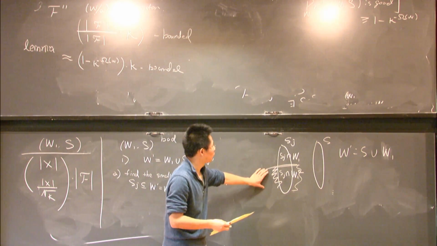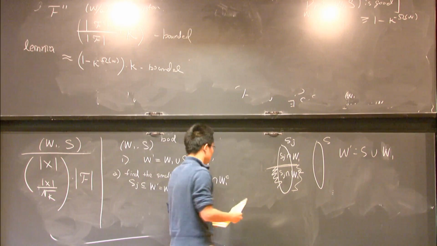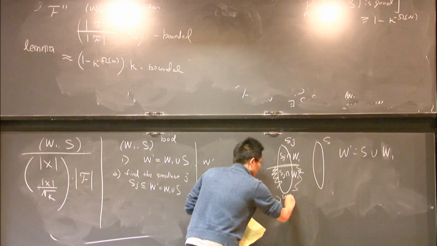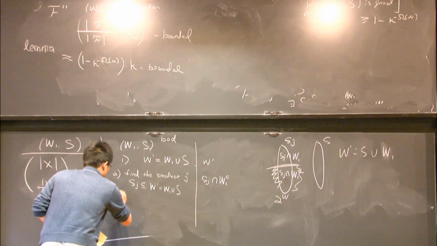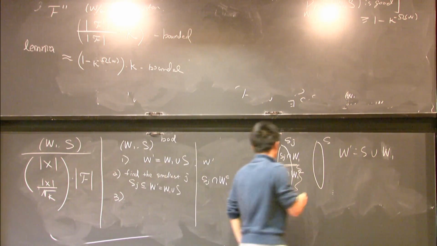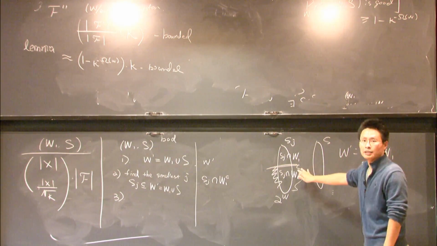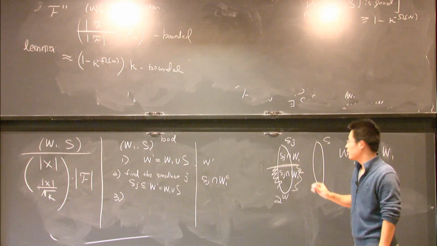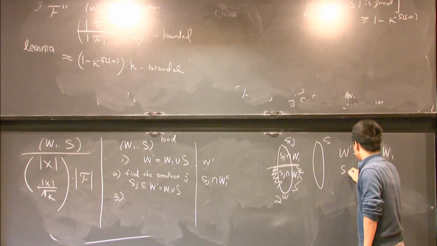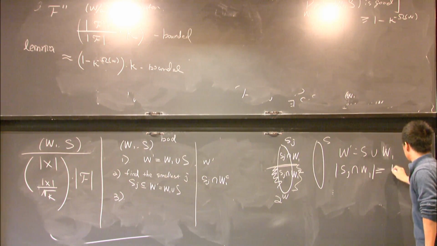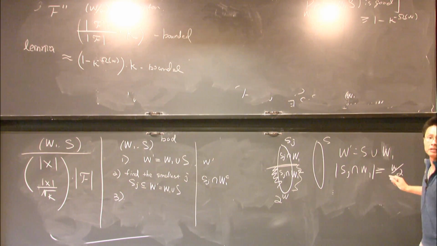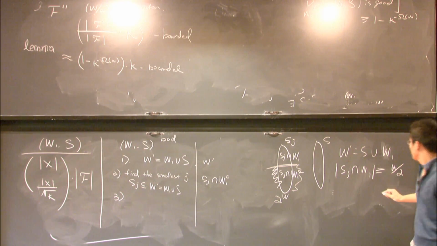The price for encoding this is about 2 to the W, so there are 2 to the W choices. Because this is a bad pair, the size of Fj intersect W1 is larger than W over 2. This is the definition of bad.